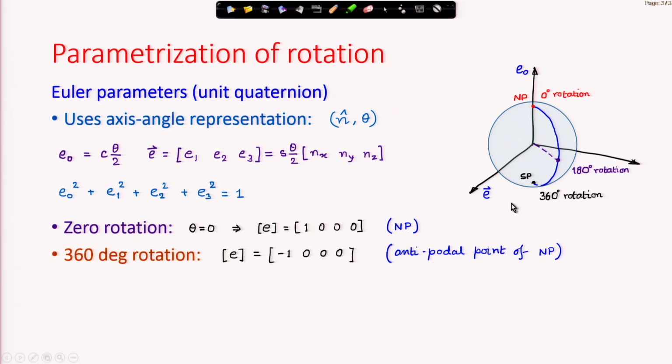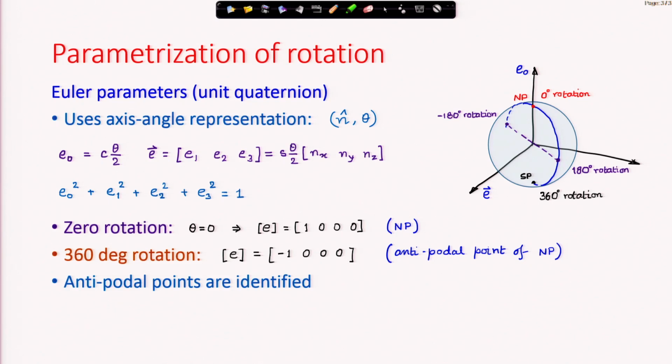So, we are drawing an analogy with the 2 sphere, though remember that this is a 3 sphere. Therefore, it is an antipodal point, a point lying diametrically opposite. Therefore, 360 degree rotation is represented at the south pole and 180 degree rotation is on the equator.